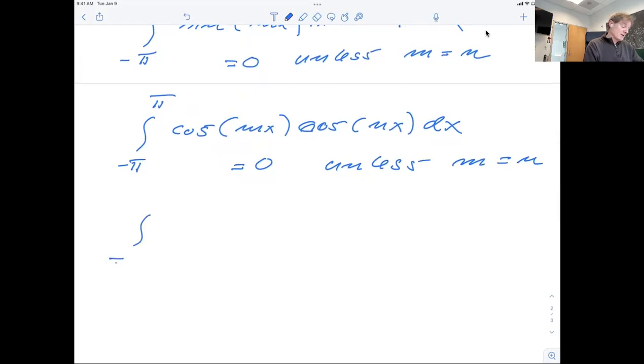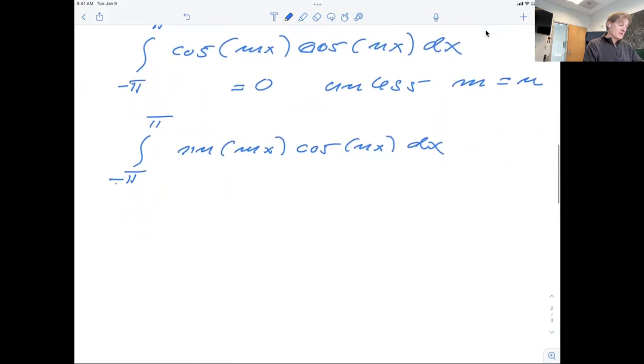Now, the other thing which we can do is to calculate a similar quantity with sines and cosines. So if we now look at the integral from minus pi to pi of sine of m times x multiplied by cosine of n times x, d of x. Now I'm going to rewrite it in a slightly different way.